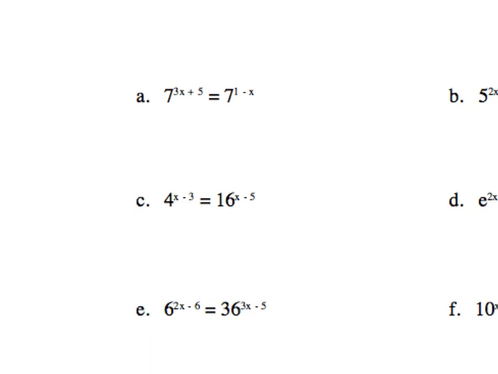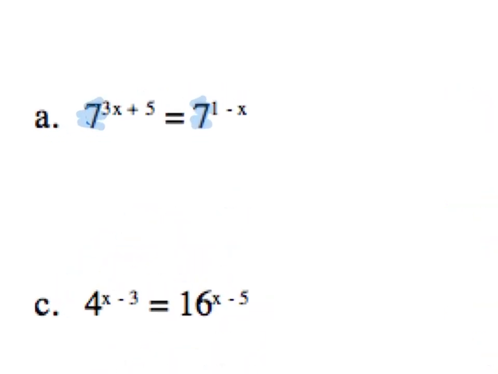On letter A, we have 7 to the 3x plus 5 equals 7 to the 1 minus x. Again, that on the last slide said if you have the same bases, I have a 7 and I have a 7. If I have a base of 7 and a base of 7, that means our exponents are the same.